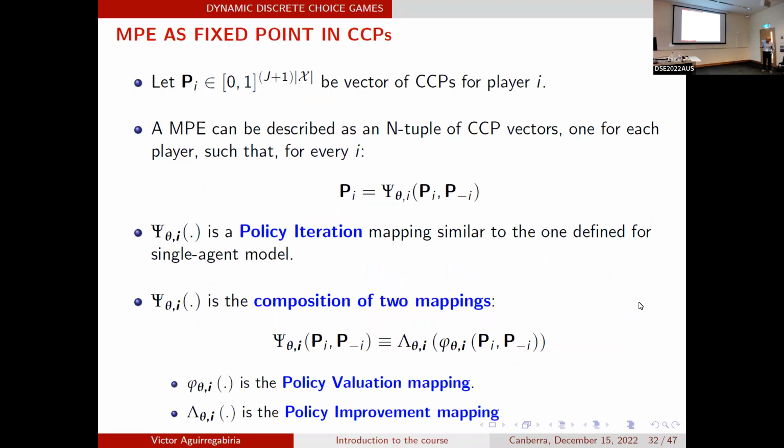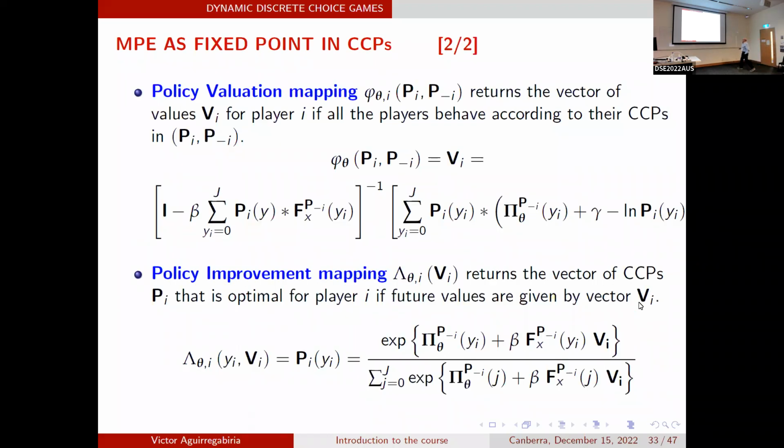Then we have this difference: both the transition probabilities and these expected payoffs depend on the choice probabilities of the other players. Other than that, you can see that this valuation operator is very similar to the valuation operator that we had for the single agent model. Similar type of interpretation.